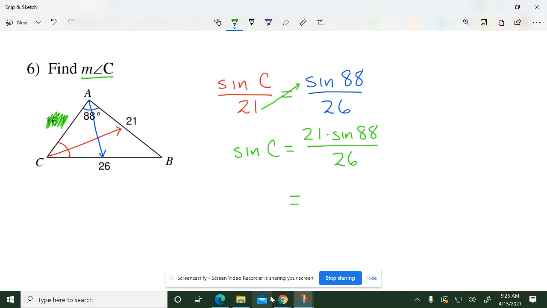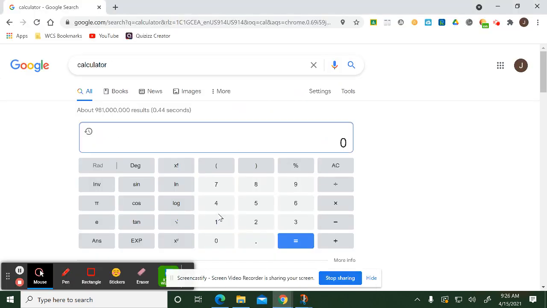I'm going to go to the Google calculator here. I have 21 sine of 88.